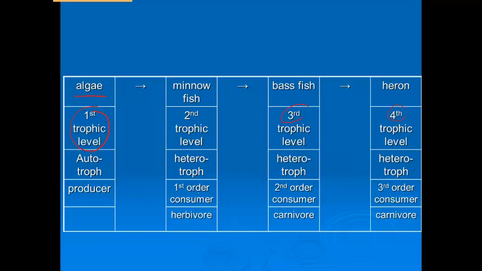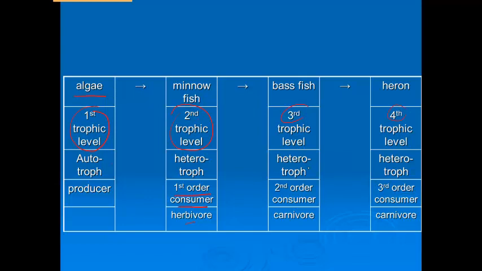Because this is the second trophic level, it's the second stop, but it happens to be the first consumer we have in here because this is an autotroph. The minnow is the very first consumer, so it's the first consumer because it's eating plant life. It's an herbivore. Then you look at the bass fish.